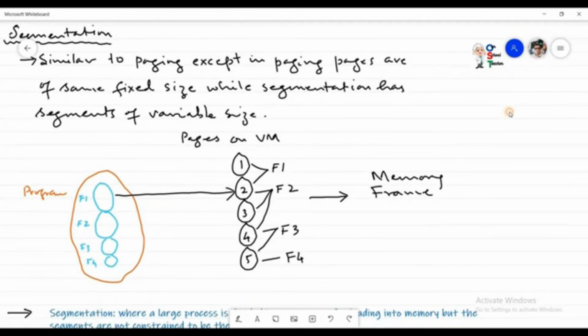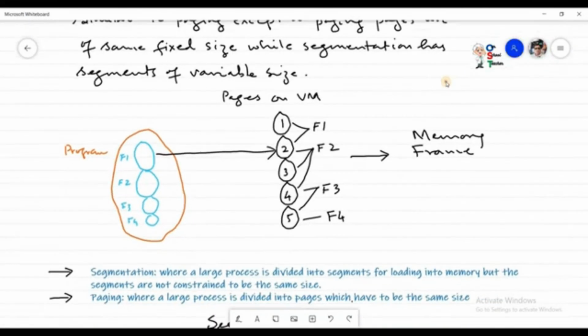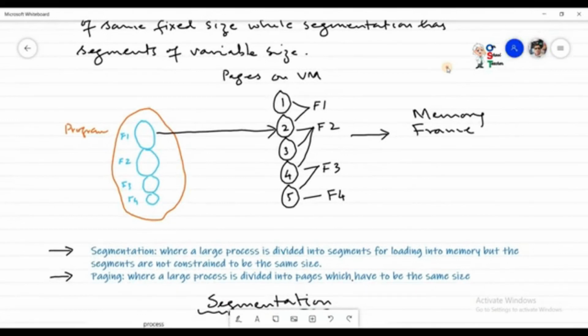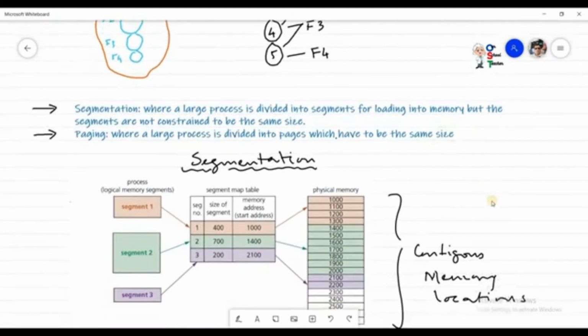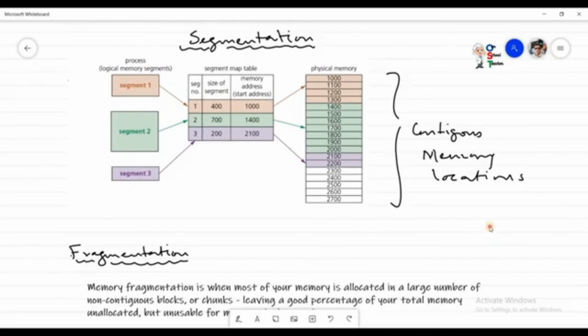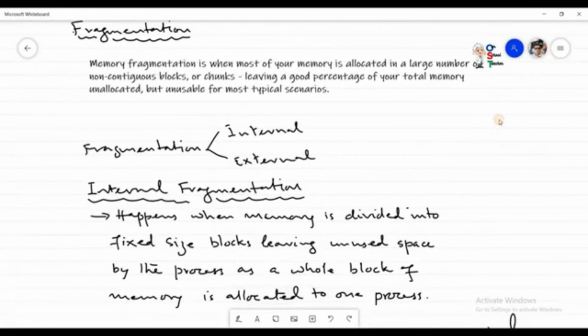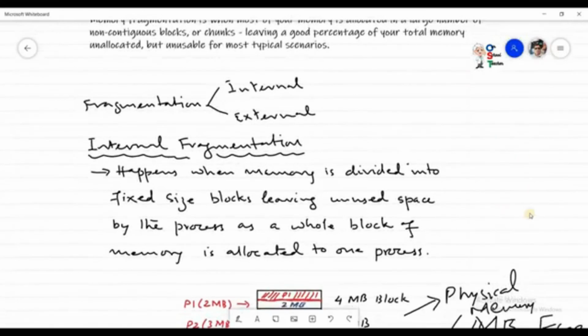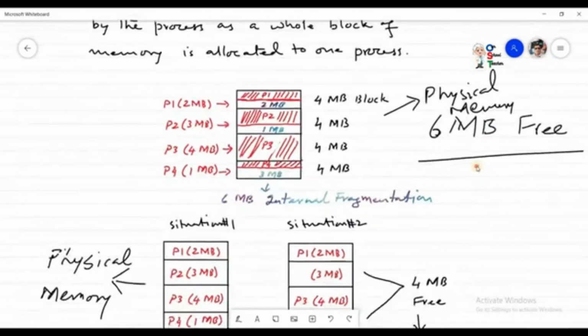Then we have seen that in segmentation, process is divided into variable size parts, and they are loaded in the memory. For this purpose, segment map table is used. Then we have seen the concept of fragmentation. In fragmentation, we have seen 2 types: internal fragmentation and external fragmentation.